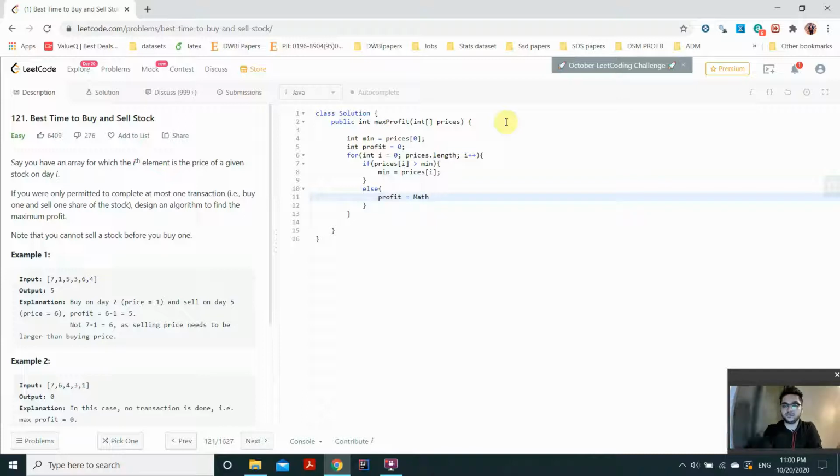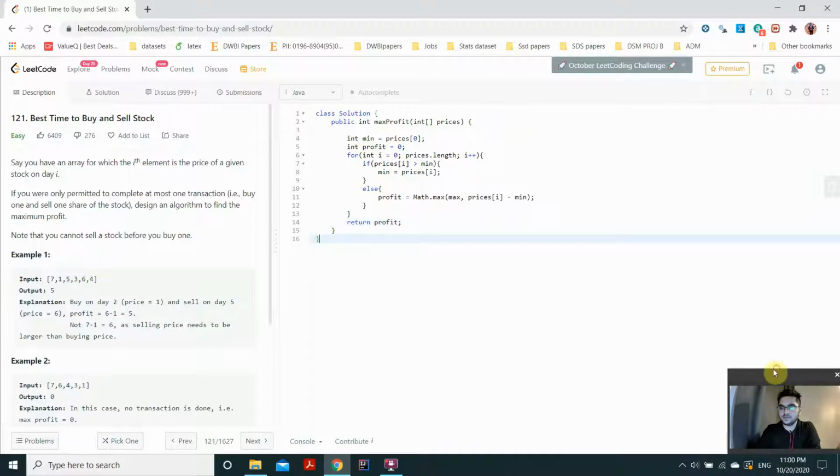Here we do Math.max, where one argument is the max profit we are storing, and the other is the profit at the current point, which is the price at the current point minus the minimum value at which we would have purchased the share. This is the final profit, and at the end of the program we return it.